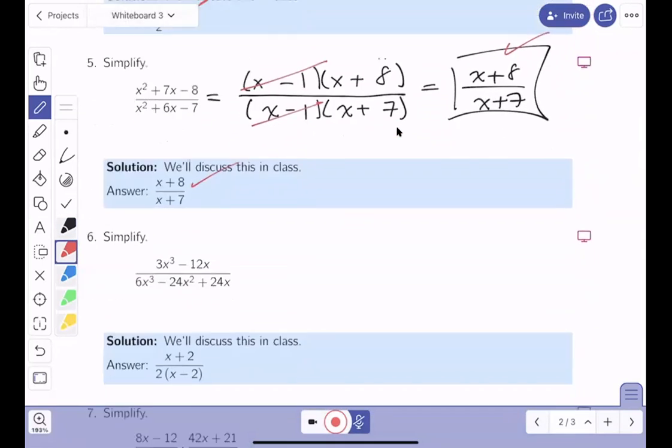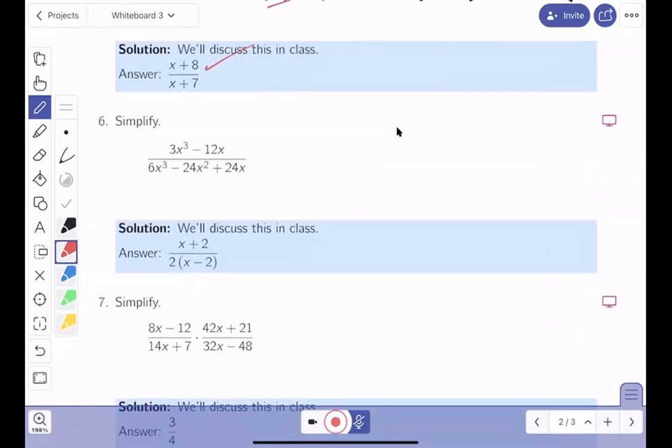All right, let's do number 6. Should be relatively simple. It follows the same pattern over and over again. Factor the top, factor the bottom. 3x, and what do you get there? X squared minus 4. I'm going to factor the bottom now. 6x. What's left off there? Let's put this down.